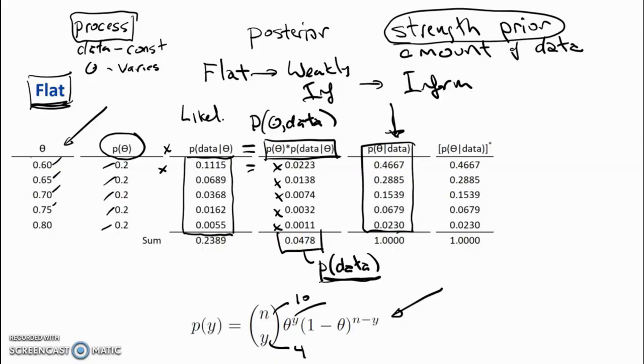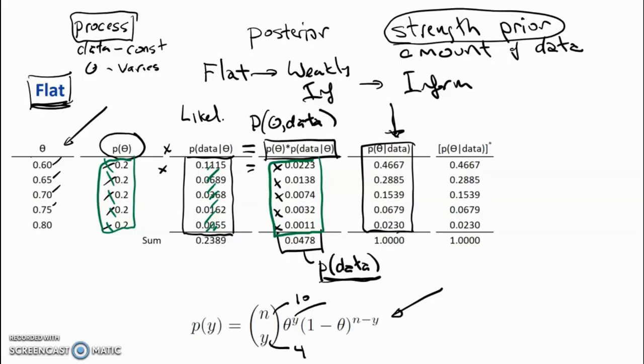So think about what happens when we use a flat prior. Each one of the values here, each one of these joints, is arrived at by multiplying the corresponding likelihood by the same value, by a constant value.